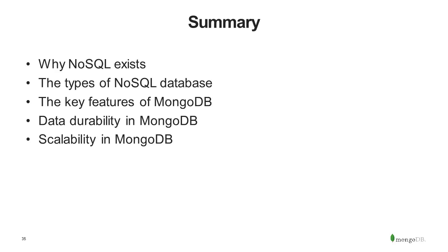MongoDB is a document database. And then we've gone through the key features of MongoDB at a very high level. We'll obviously get into a lot more detail in that, but I wanted you to understand that 2 of the key areas that all NoSQL databases strive to address are data durability and scalability, and how we've addressed those in MongoDB.